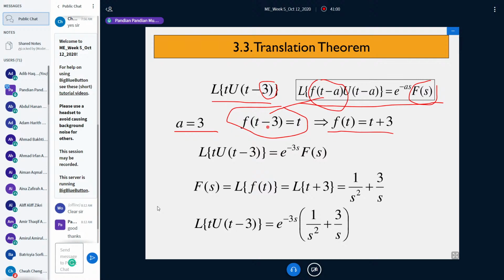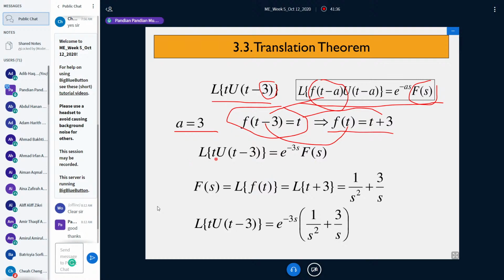Because this t minus 3, you make it as t, that means I add 3 here. t minus 3 plus 3, then it becomes t. If t minus 3 becomes t, then the t must be t plus 3. So these two are balanced, just shifting. We also call this a shifting theorem.